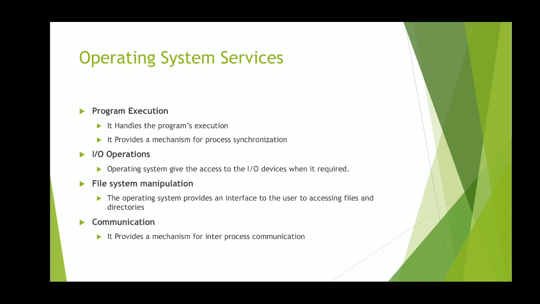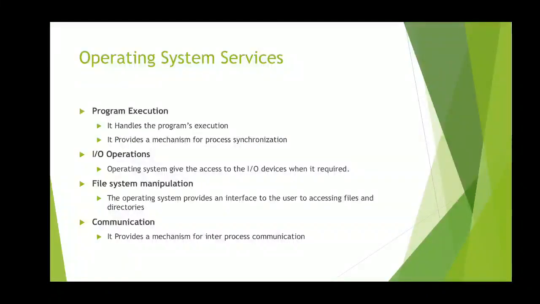It means that each process or each application is allocated different CPU time slices for execution, and managing these time slices and processes is also done by the program execution services.